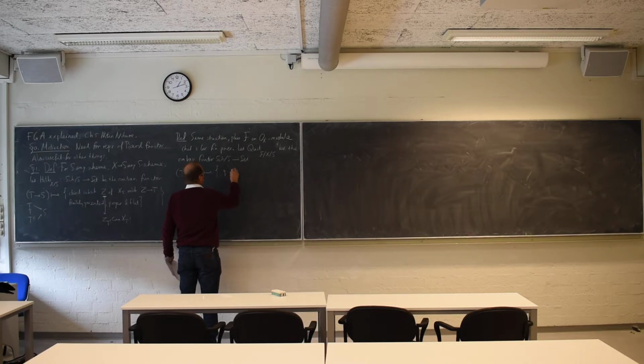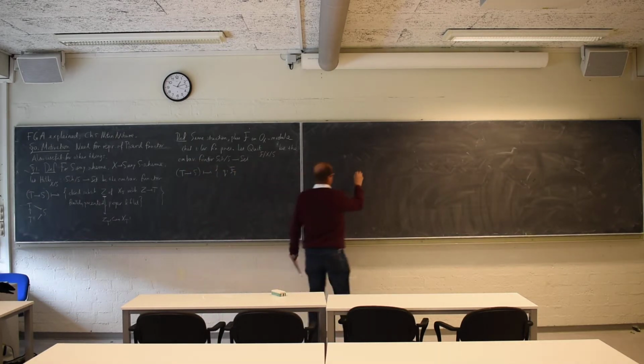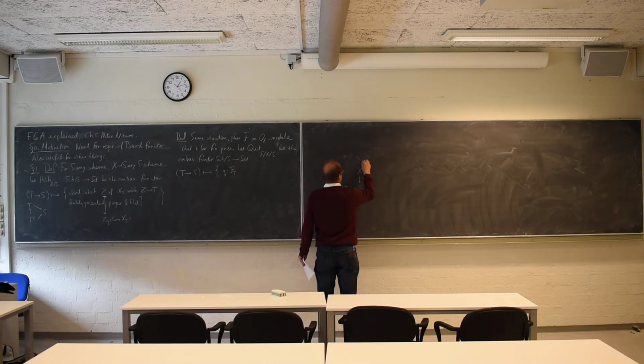So Q is a surjective map from this F pulled back to T. Actually, here I have X over S, I have T here, here lives this F, and then on XT, I have a pullback, and this is by definition the pullback of this F.